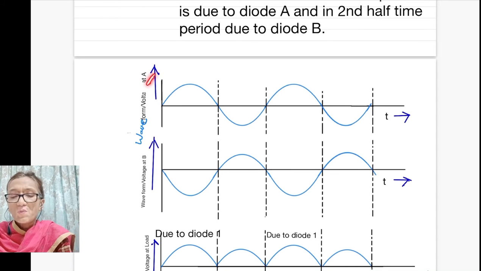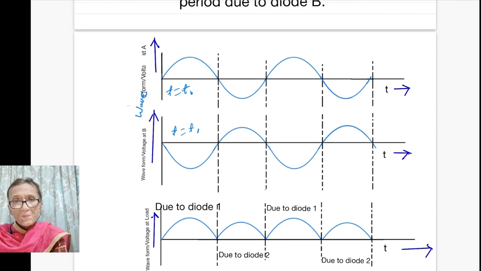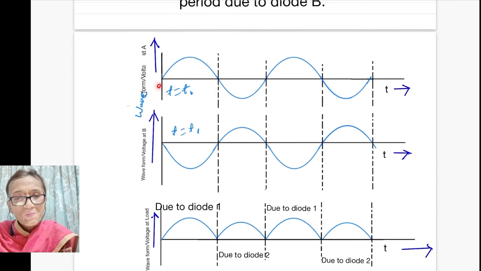And at the same time, suppose this is some T1. At T1 time, when A is at positive potential, then point B will be totally out of phase.